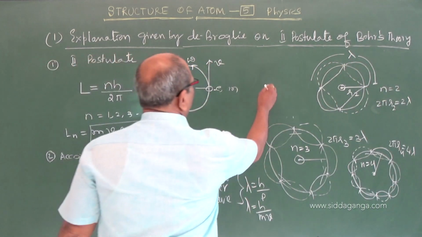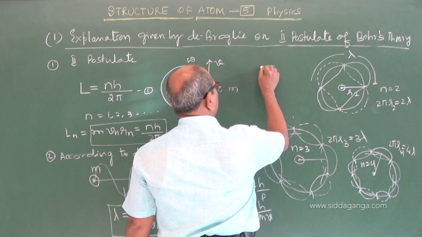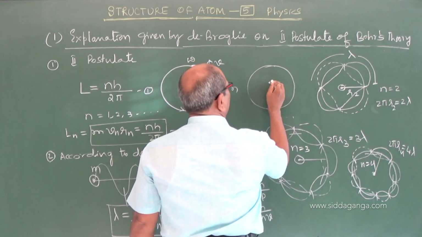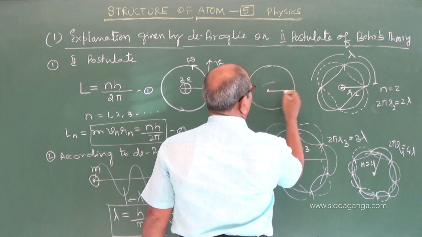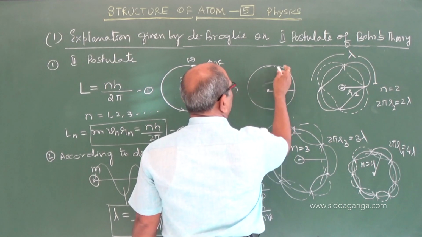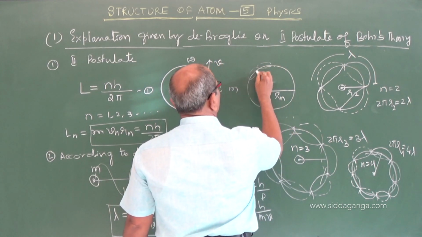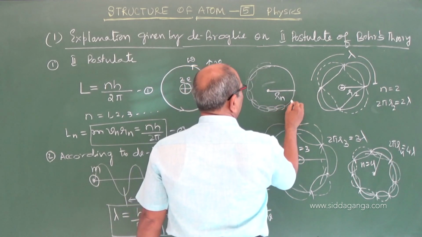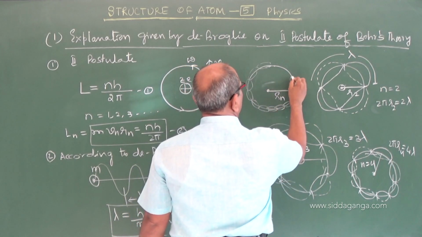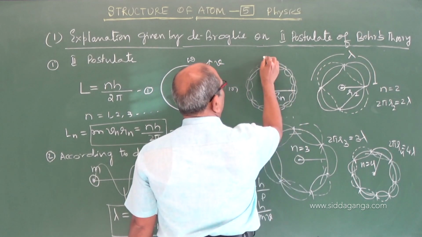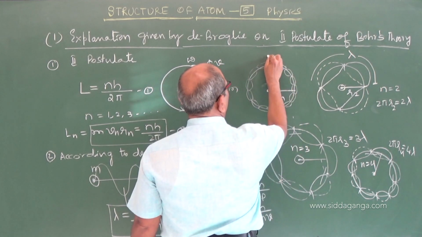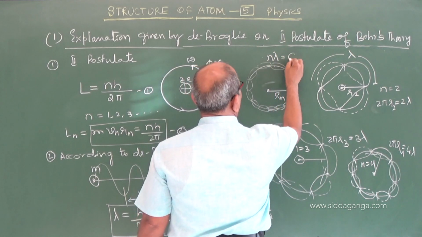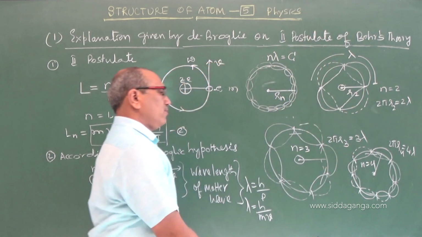So keeping in mind what we got, for any orbit, the nth orbit, if its radius is Rn, the orbit is divided into multiples of wavelengths. If it is the nth orbit, then n lambda is the circumference of the orbit.